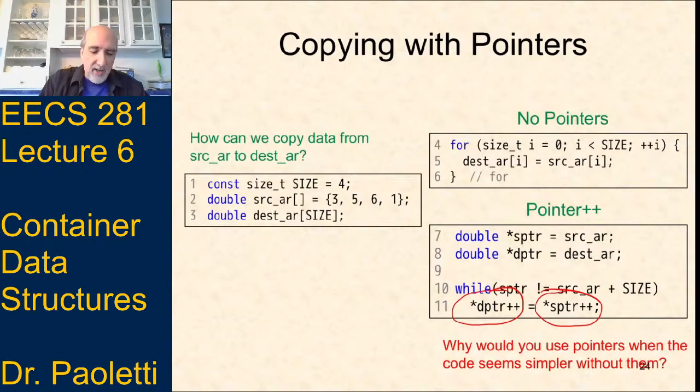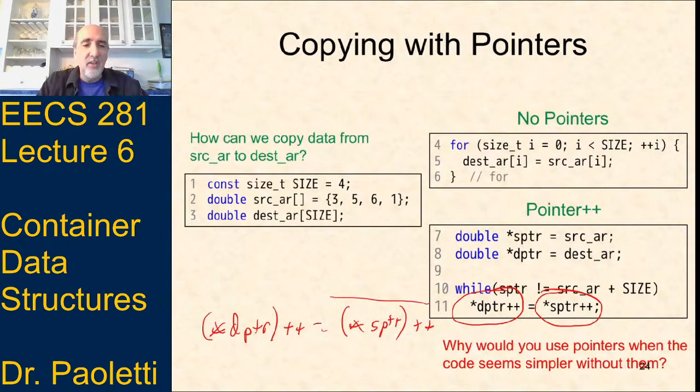So if I were to write it this way, if I just replace line 11, and say dereference of destination pointer plus plus equals the dereference of the source pointer plus plus, a couple of things happen. I look at the source pointer and I copy the value, so that would copy the 3. It would put a 3 in the destination.